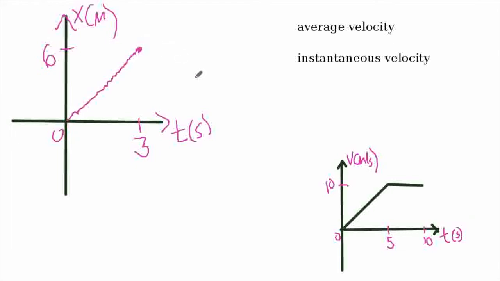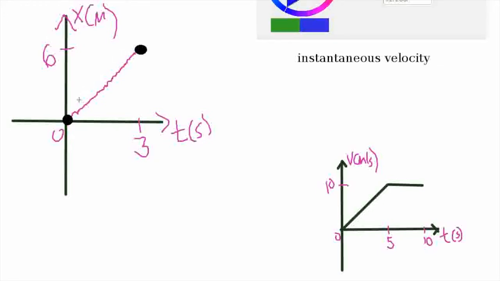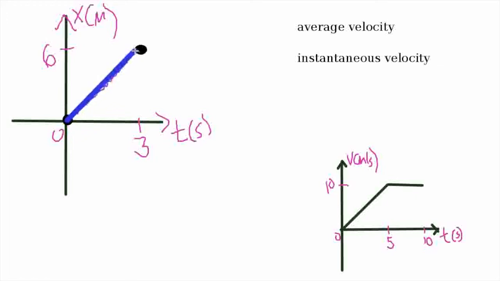Now you can still get a rough idea of what the velocity is between 0 and 3 seconds. Even though it's not a straight line, we can approximate it by a straight line: we could draw a line between the beginning and end points, and let's find the slope of that straight line.